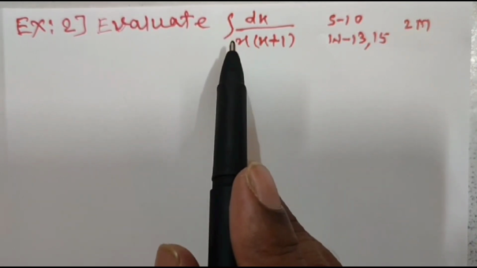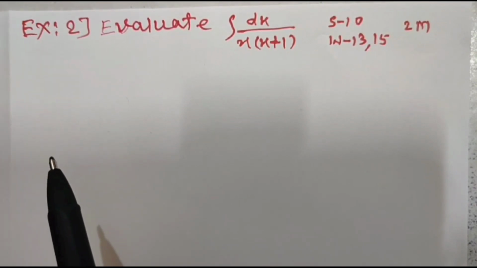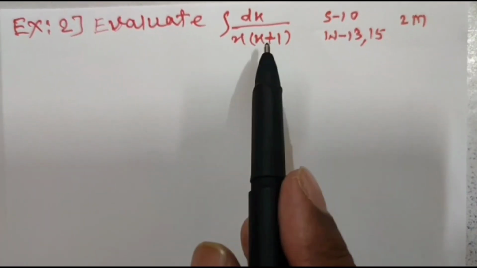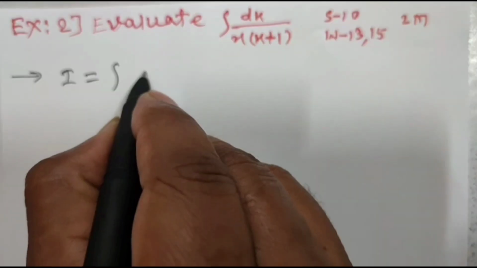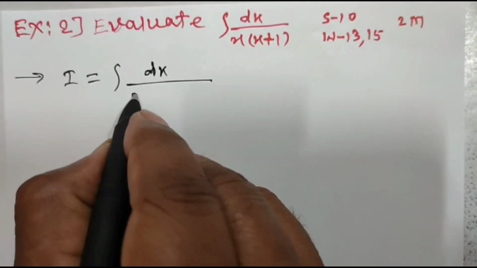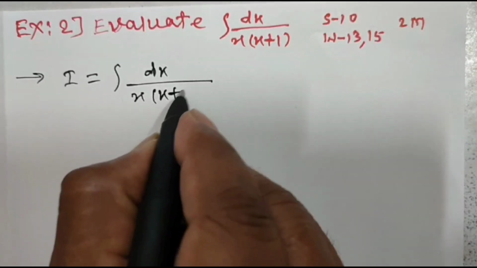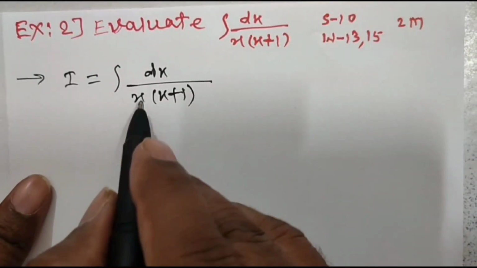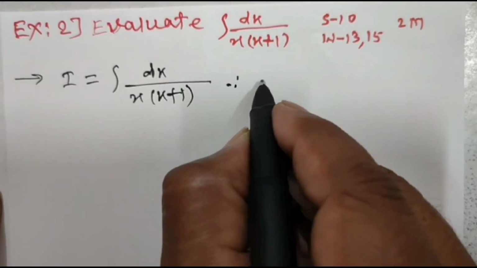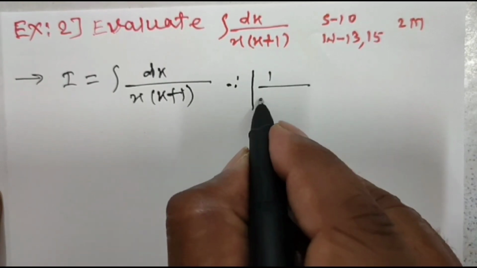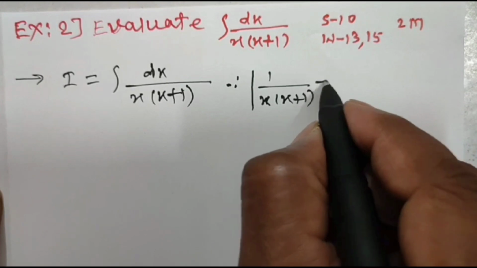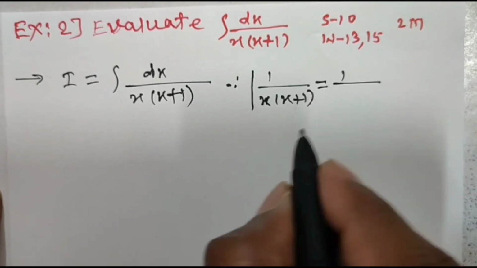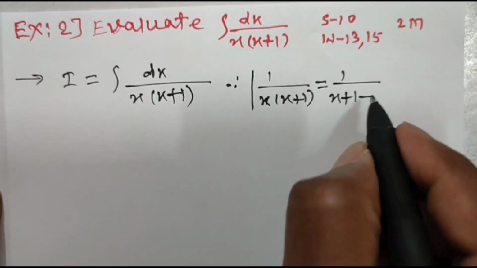So here also we can apply the special case to find out partial fractions of the given rational function. I is equal to integral of dx divided by x into x plus 1. Now we have to find out partial fractions. Since we know 1 upon x into x plus 1, applying the special formula, this is equal to 1 upon b, means x plus 1, a means x.